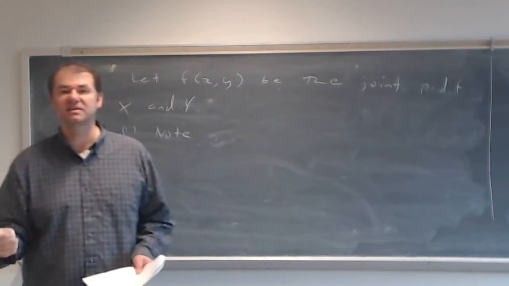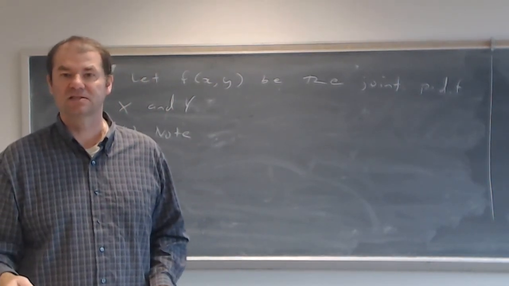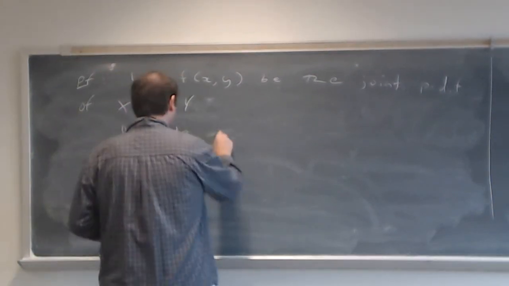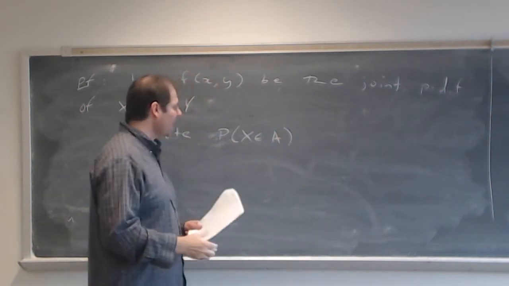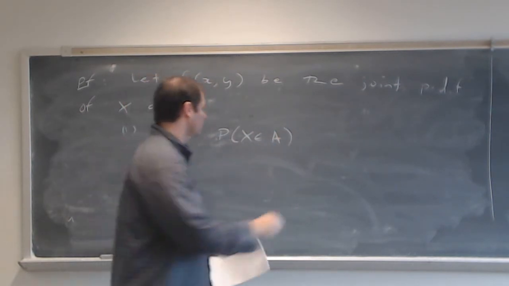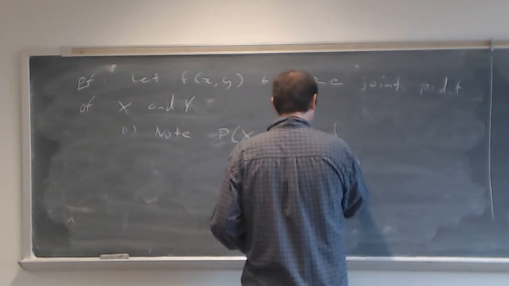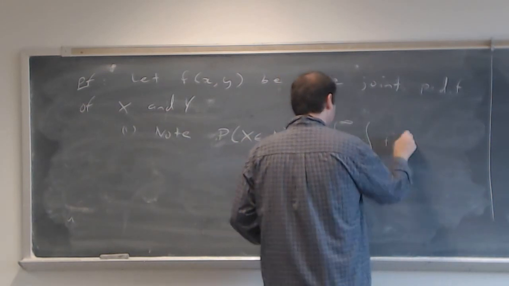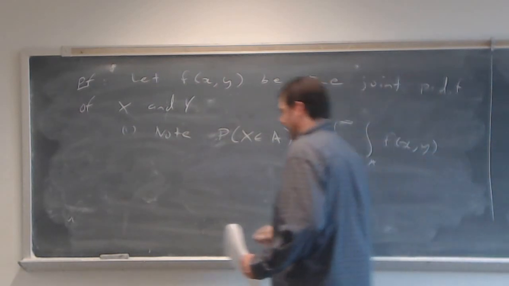F sub x is the function that you integrate to get the probability that x is in A. You integrate it just over the set A. So here, if we just ask, what's the probability x is an element of A? In terms of the joint, we have the integral from minus infinity to infinity, the integral over A of f of x comma y, well, maybe I should write this down a little slower.